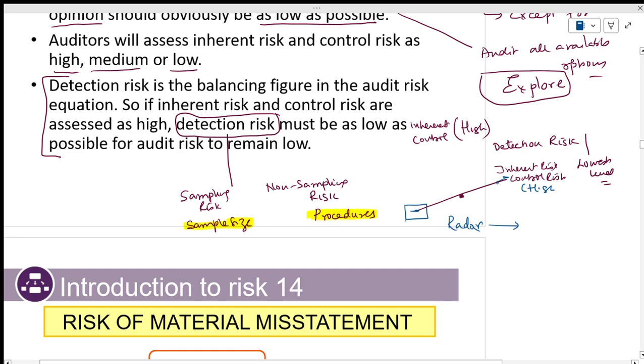There is an inherent risk, an inbuilt risk. If cameras are effective, the detection risk will be less. If the detection risk is high, automatically the inherent risk and the control risk will be less.